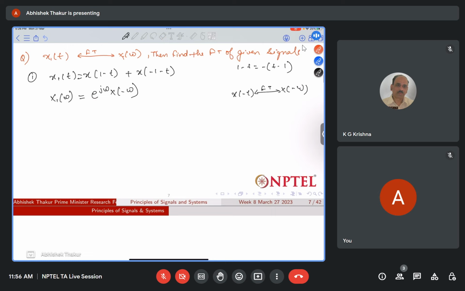And the second part is minus of 1 plus t, so it will become e to the power of minus j omega X(minus omega). Now we take X(minus omega) common.